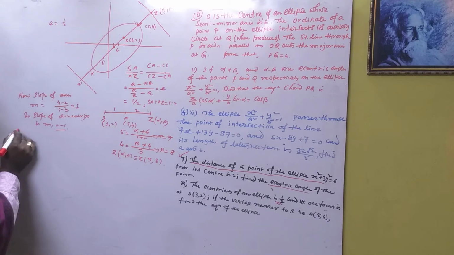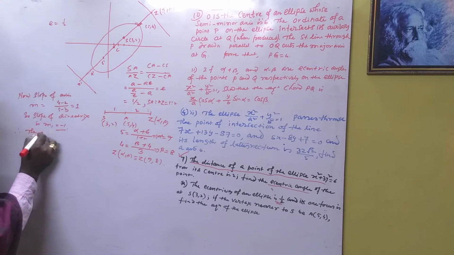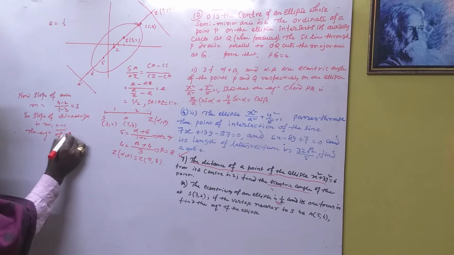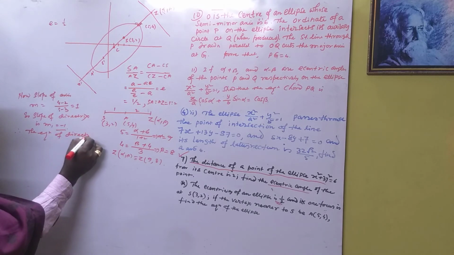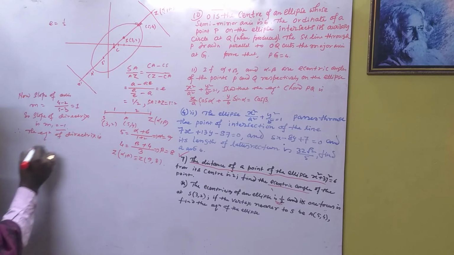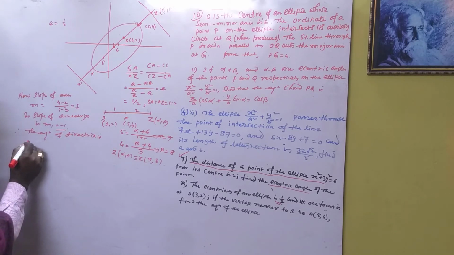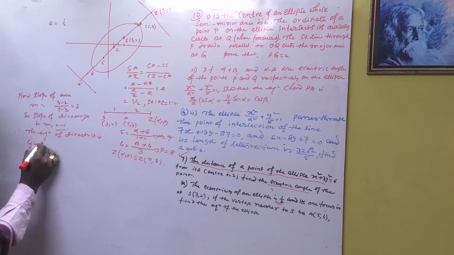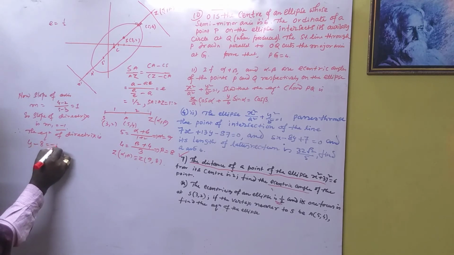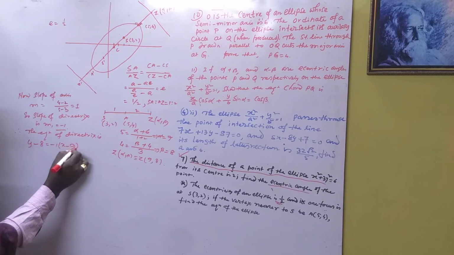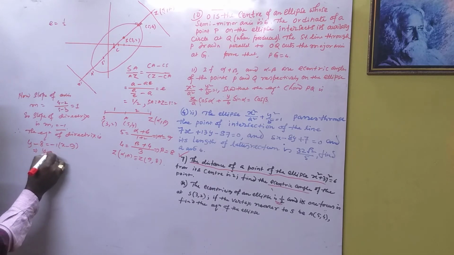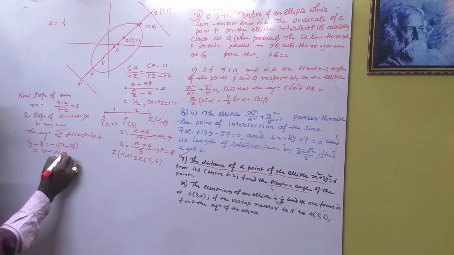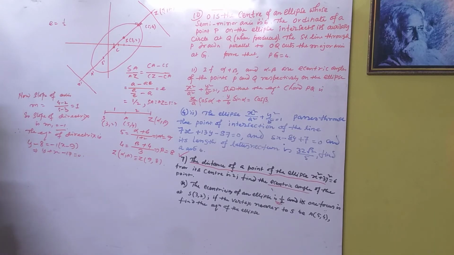Therefore the equation of the directrix passes through (9, 8): y minus 8 equals minus 1 into (x minus 9). So you can write x plus y minus 17 equal to 0. This is the equation of the directrix.